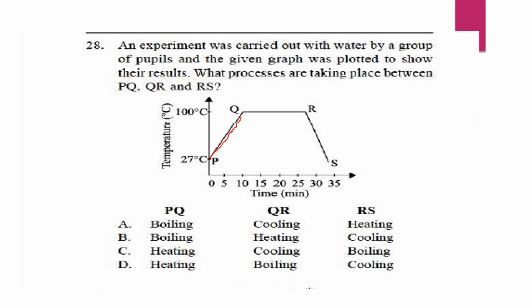From Q to R the temperature is the same, 100 degrees centigrade, and water starts boiling at 100 degrees centigrade, so Q to R is boiling. Then the temperature is decreasing from R to S, so it is a cooling process. So our answer is option D: heating, boiling and cooling.